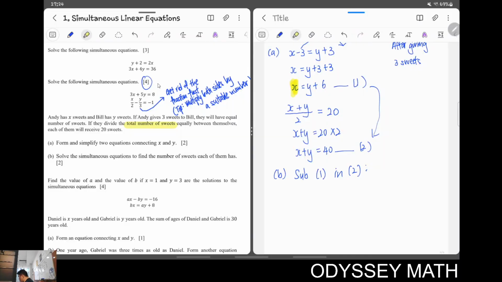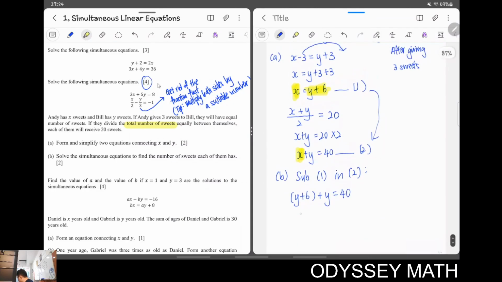What it means is you replace the X here with Y plus 6. Got it? Then plus Y equals 40.